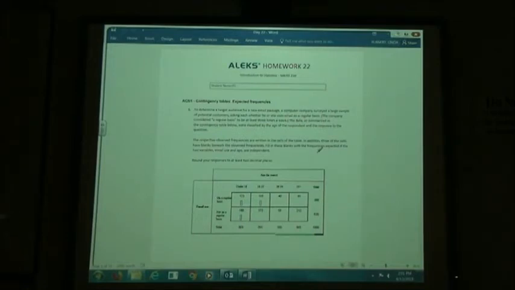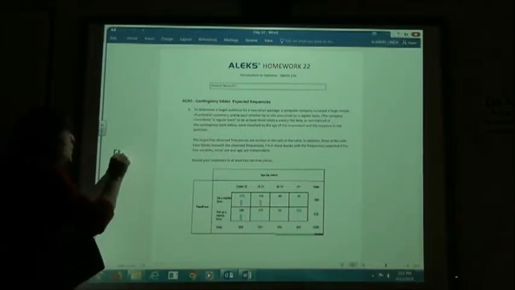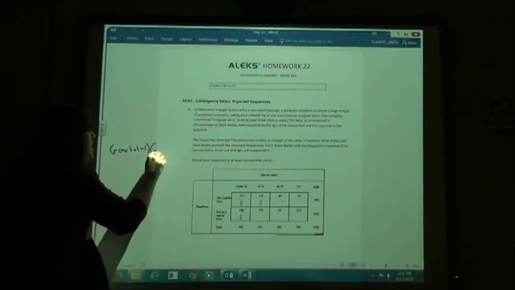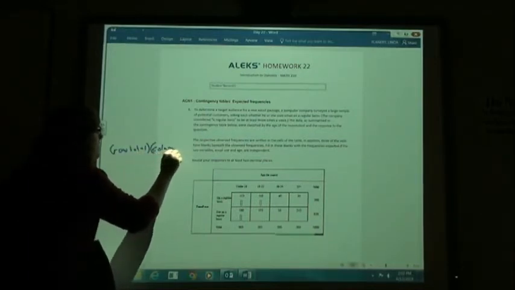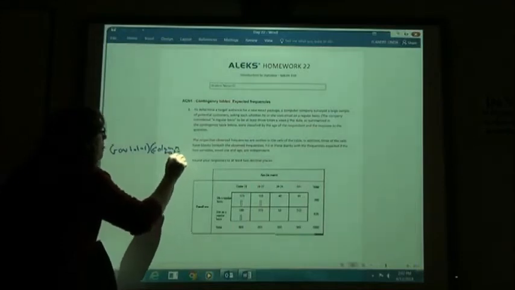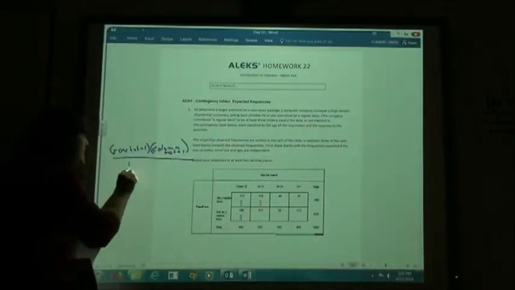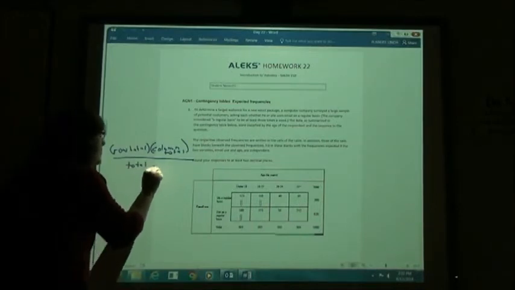And in order to find the value that goes in that table, you're going to take the row total times the column total and divide that by the total sample size.